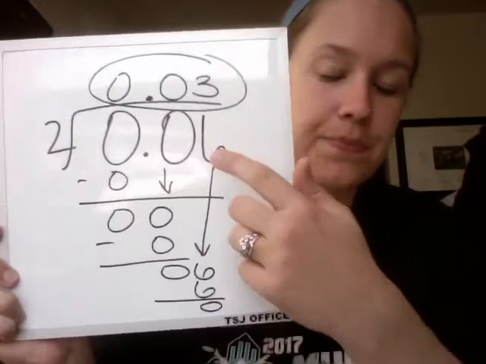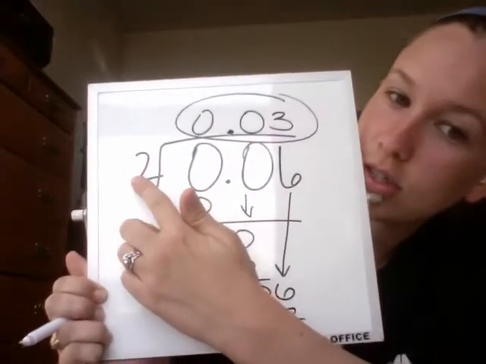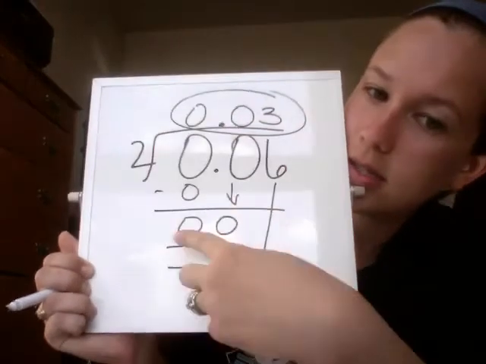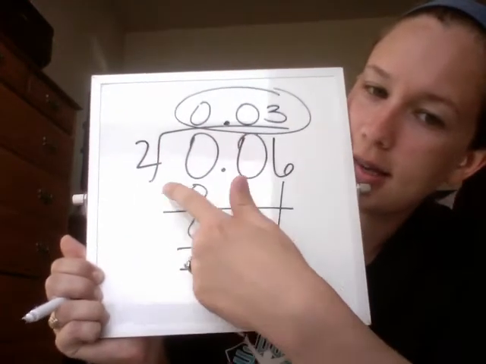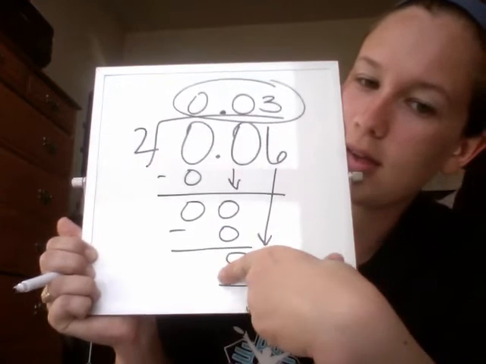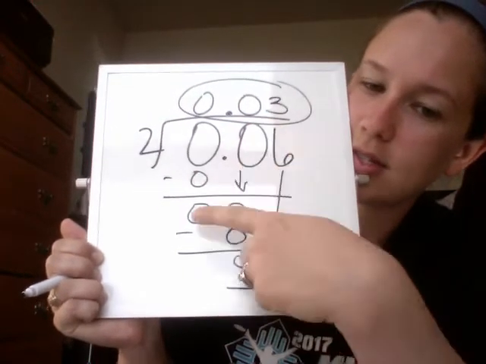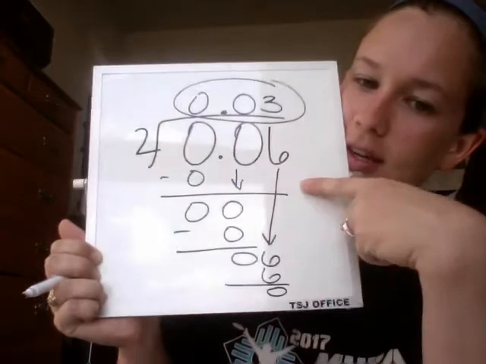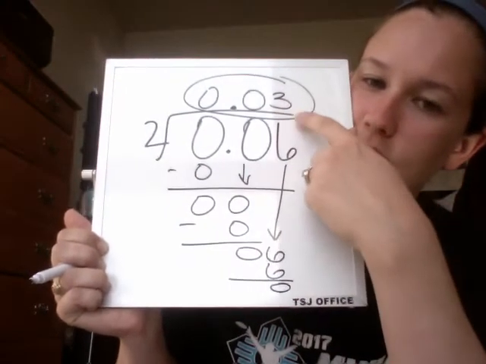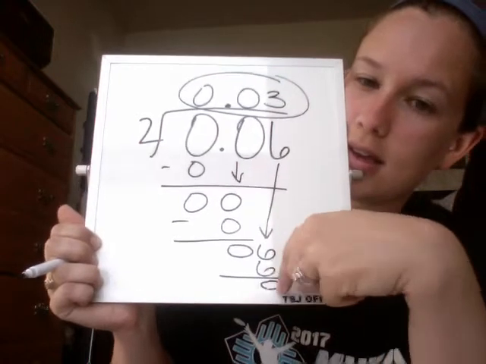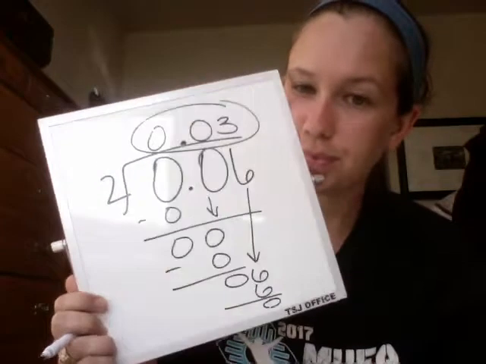3/100ths because 2 goes into 0 0 times. 0 times 2 is 0. Subtract. Bring down my next 0. Of course, it goes in 0 times again. Bring down 6/100ths. It goes into 6/100ths 3 times. And I don't have anything left over.